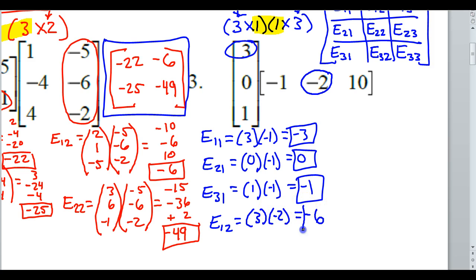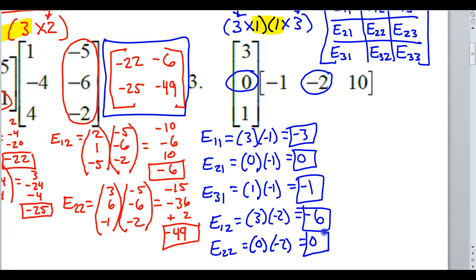That's -6. Now let's do element 2, 2. That's row 2, column 2. So this is row 2, this is column 2. So that's 0 times -2, which is 0.